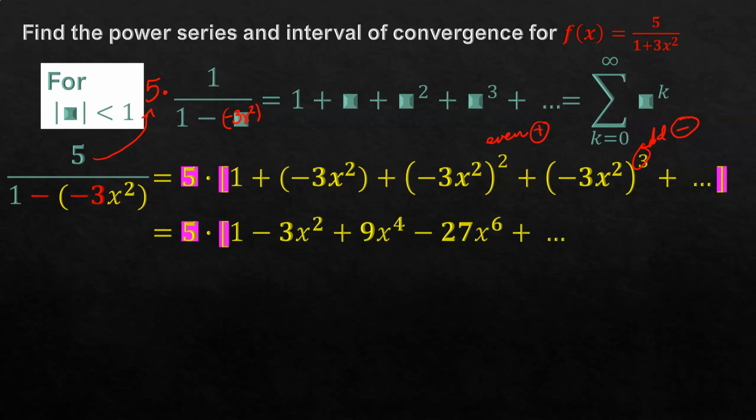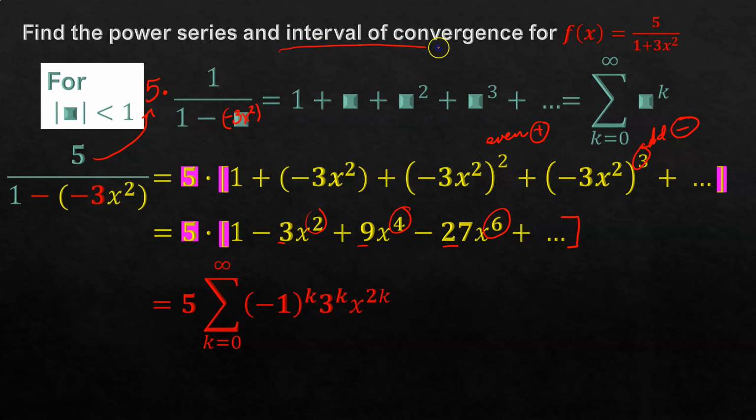And the 5 is still in the front, and I should close my bracket right there. Okay, and so we have 5 in the front alternating, so we know that we're going to have negative 1 to the k power. And then we will observe that the numbers here are 3 to the k power. And then the exponents here are just the even power, so it will be to the 2k. And that is our power series.